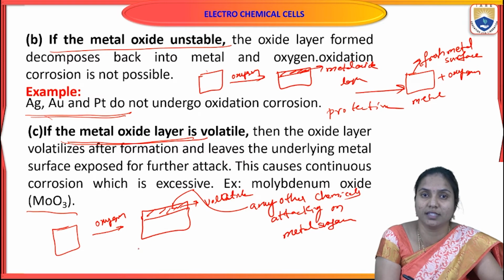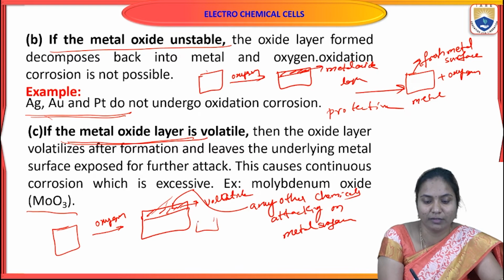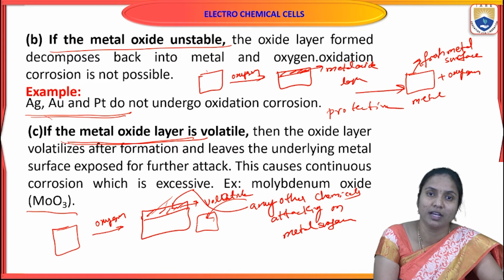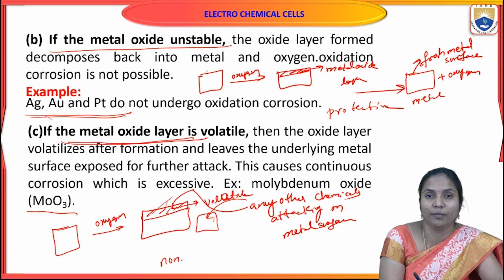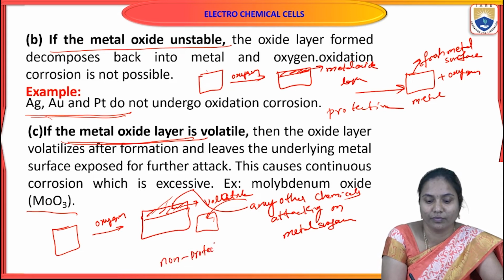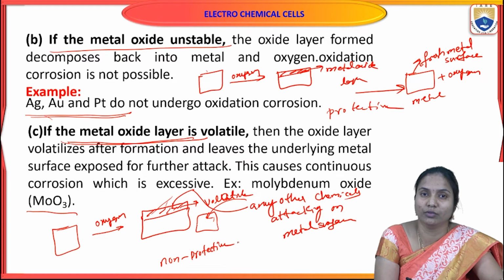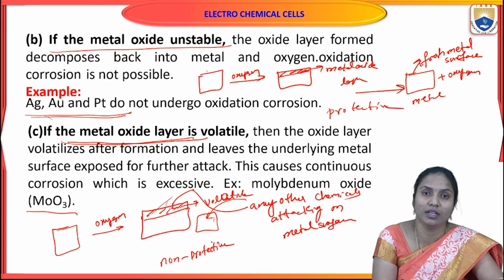That means sudden changes occur on the metal oxide layer, or for any reason this layer evaporates. So in this case fresh metal surface is available. Fresh metal surface available means any other chemicals or atmospheric gases attack this metal surface. So in this case also the metal oxide layer acts as non-protective.